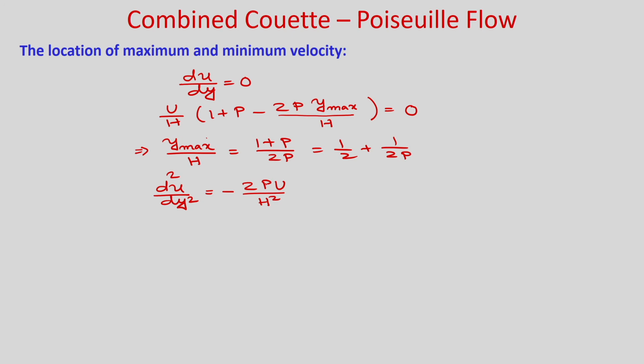So, obviously you can see p greater than 0, that means it is favorable pressure gradient, so you will get the maximum velocity inside the flow domain, and if p is less than 0, then obviously it will be a positive quantity and you will get minimum velocity in the flow domain. But when p varies from 0 to 1, obviously the maximum or minimum velocity will not occur inside the flow domain, and when p varies between 0 to minus 1, then also you will not get the maximum or minimum velocity inside the flow domain.